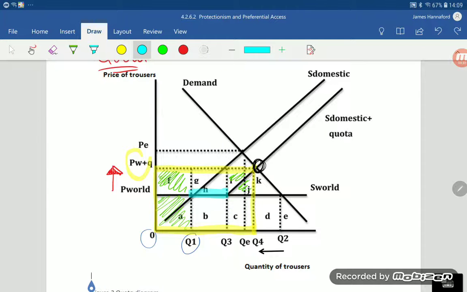Instead, it's going to be, let's cut that back in green, this area here. So G, H, and B. So the foreign producers have now seen their revenue fall. There is obviously no government revenue. It's going to be zero because a quota is not a tax like a tariff.